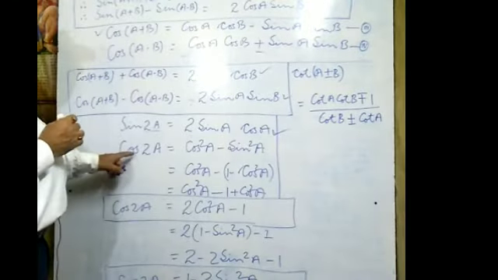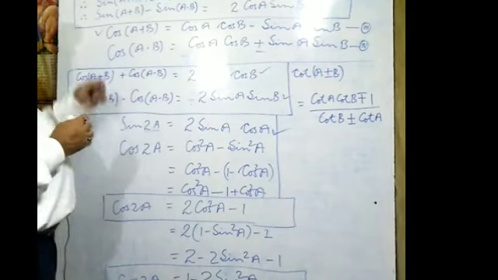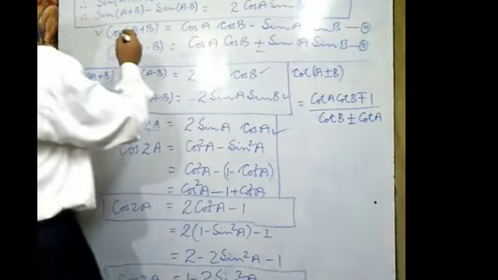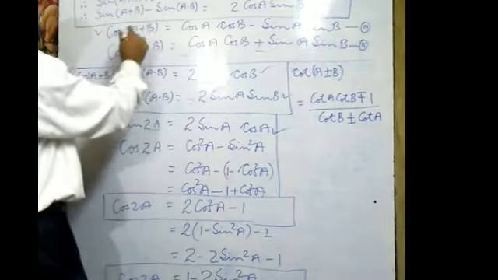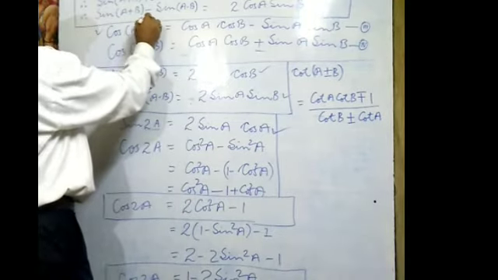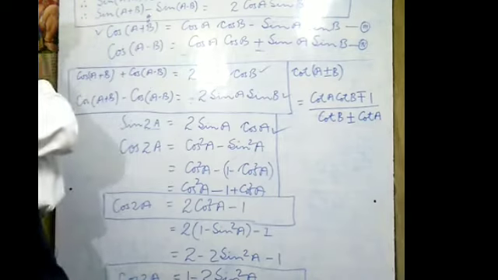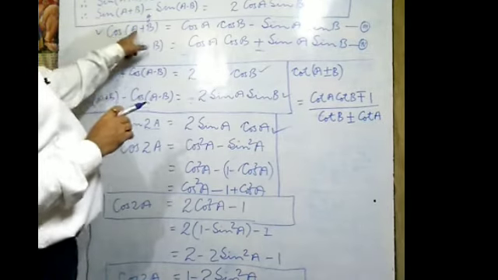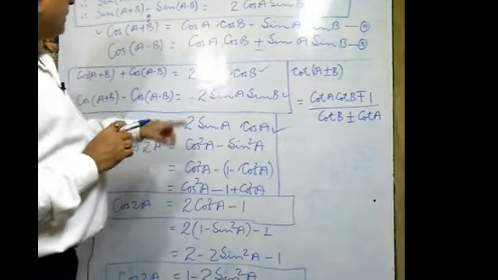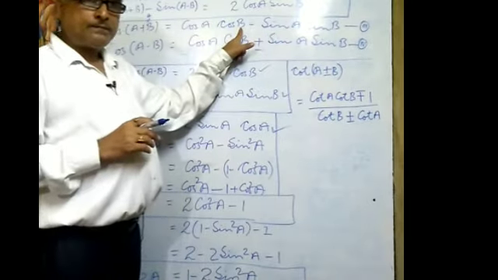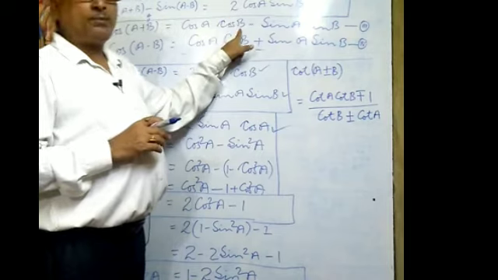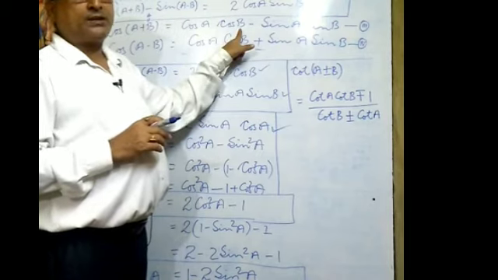Similarly, cos 2A can be obtained by putting what? If B equals A, what will be there? cos(A + A) equals cos A cos A minus sin A sin A. In the place of B we have put A, because B equals A is taken there.